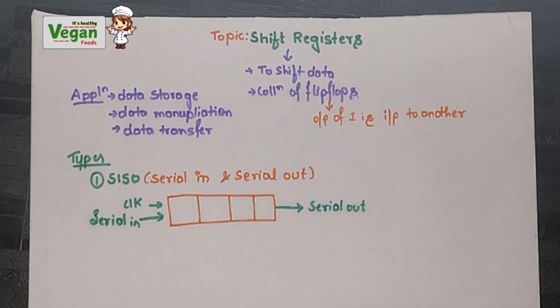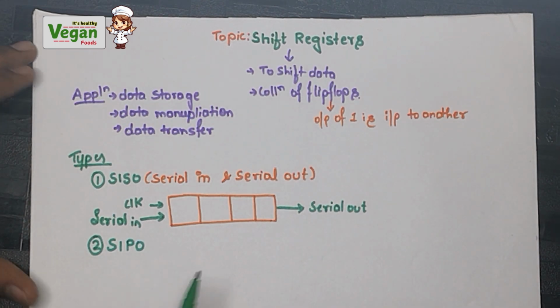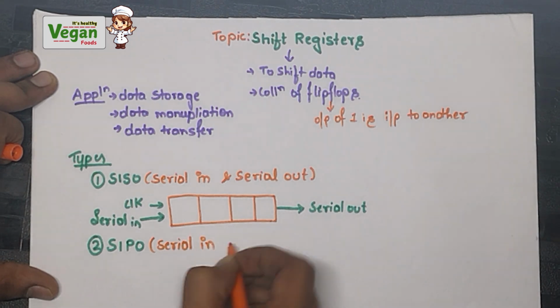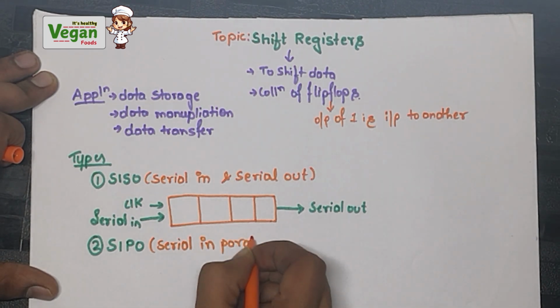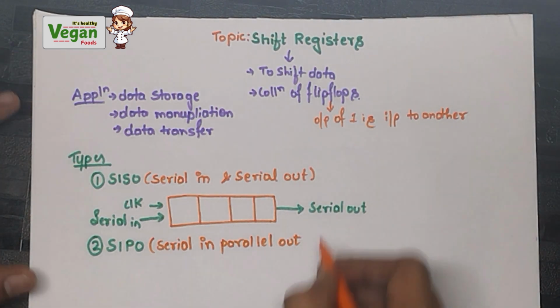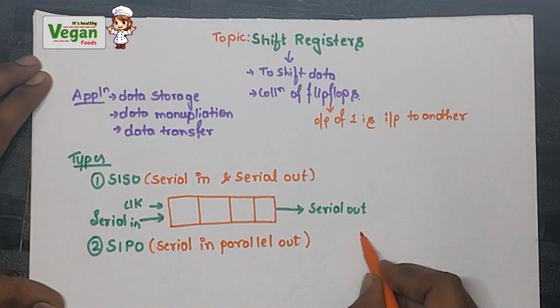Next, the second one is SIPO. What does SIPO tell? Serial in, parallel out. In serial in, parallel out, what happens?